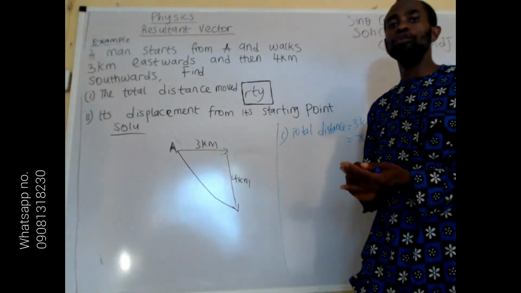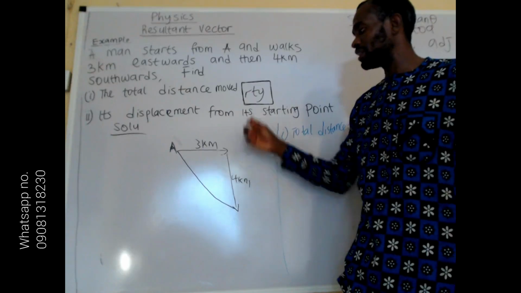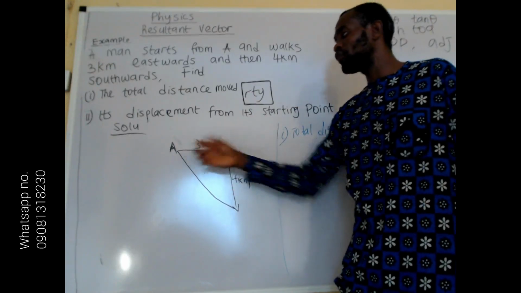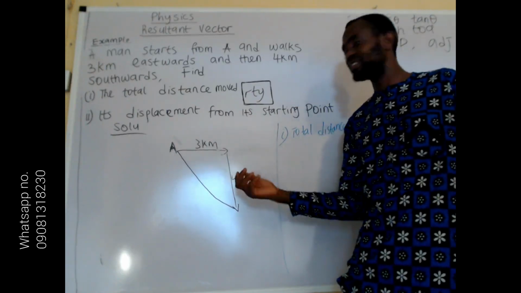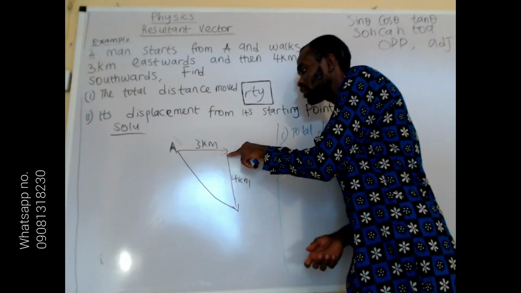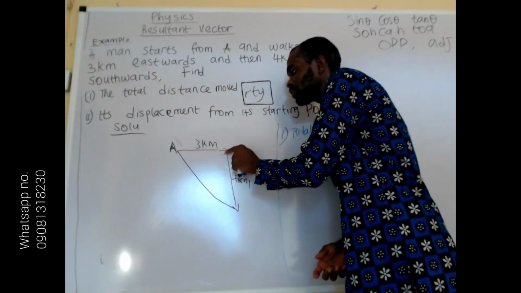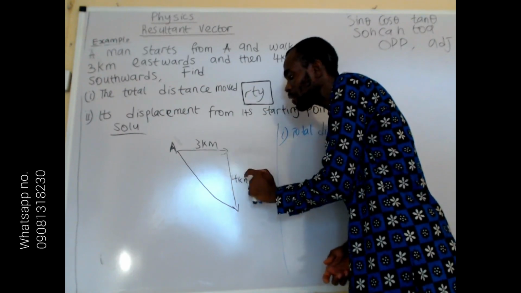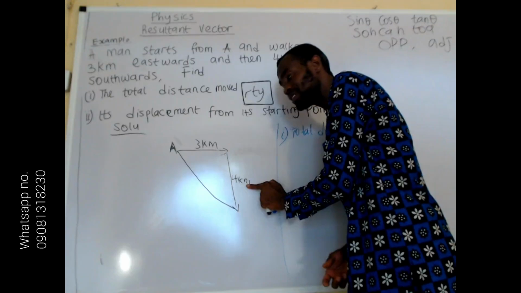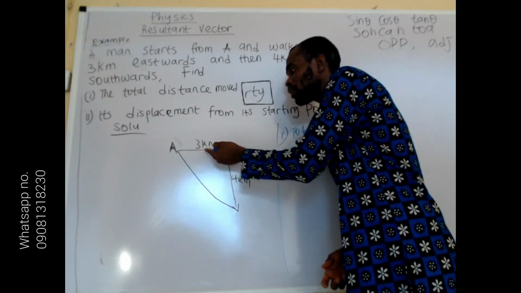And you don't need to redraw it, taking the initial point of this and placing it at the final point of that, because if you follow the story, that is the way it is. The initial point of the 4 kilometers displacement was added to the final point of the 3 kilometers displacement.